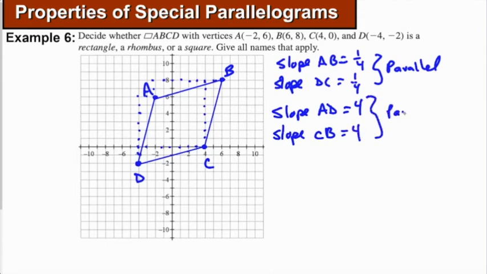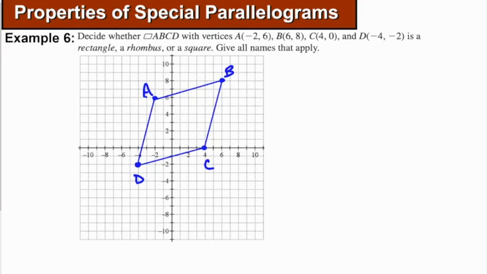These sides are parallel. We have a four-sided figure with opposite sides parallel. It is a parallelogram. Now we can go on and analyze what type of parallelogram it is, which of the more specific names, rectangle, rhombus, or square, would best apply.